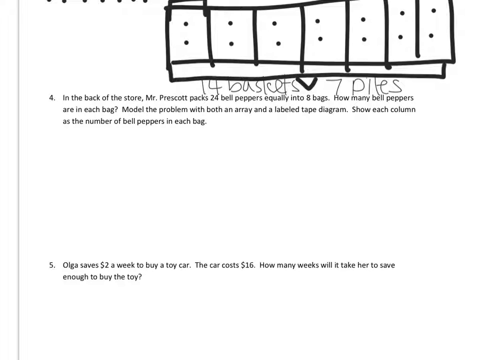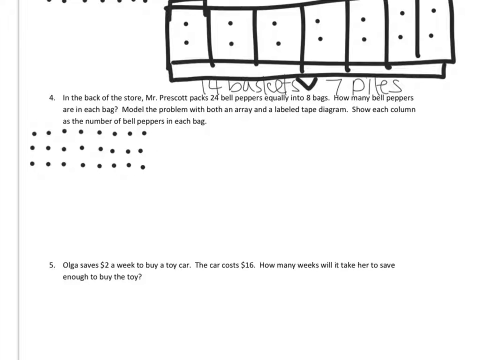So, 1, 2, 3, 4, 5, 6, 7, 8, 9, 10, 11, 12, 13, 14, 15, 16, 17, 18, 19, 20, 21, 22, 23, 24. So 24 bell peppers, and I have 8 bags, and there are 3 in each bag. And I know my array is going the right direction because each column is the number of peppers in each bag.